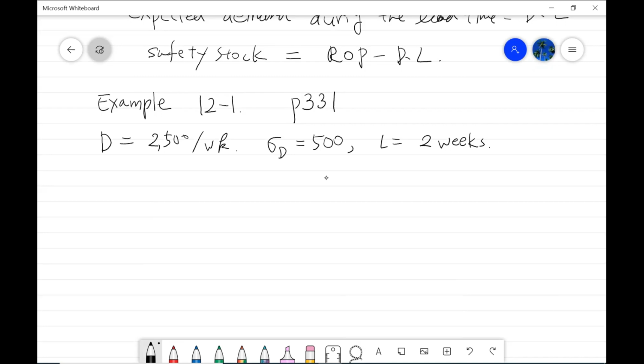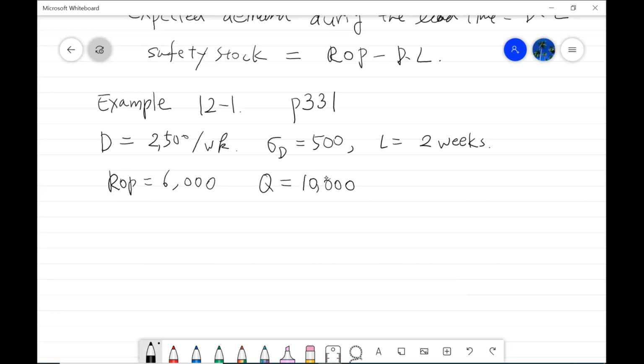The reorder point is 6,000, and Q, the order quantity, is 10,000. So just like the EOQ, you order exactly the same amount, 10,000 units, every time you order.